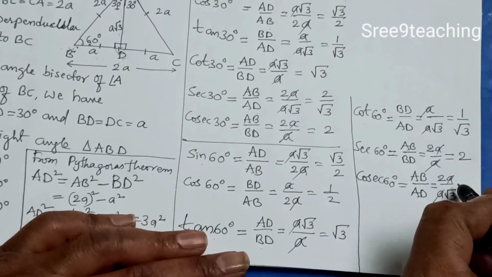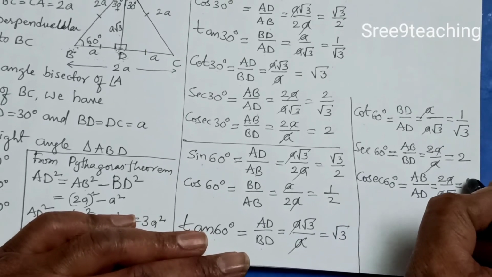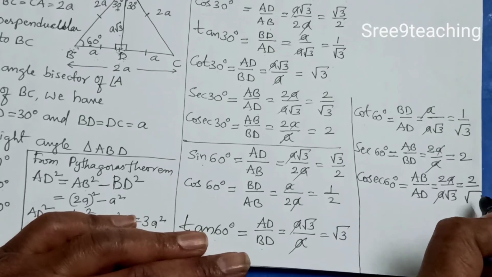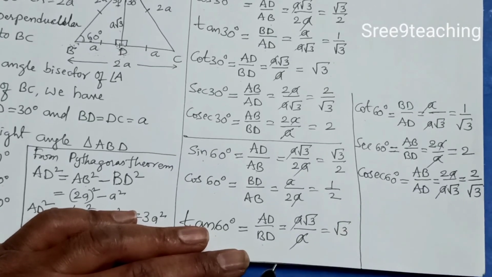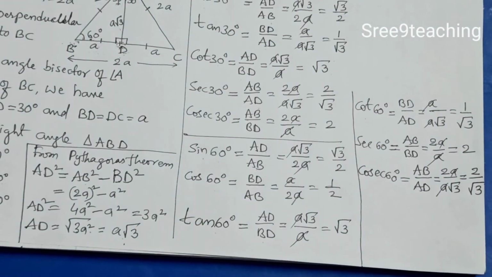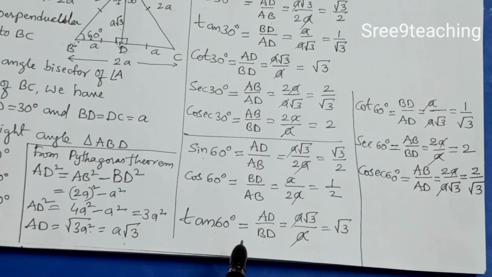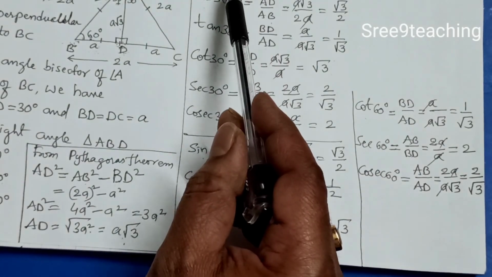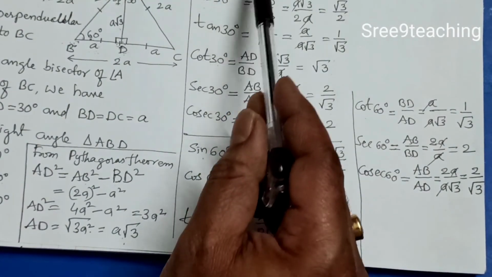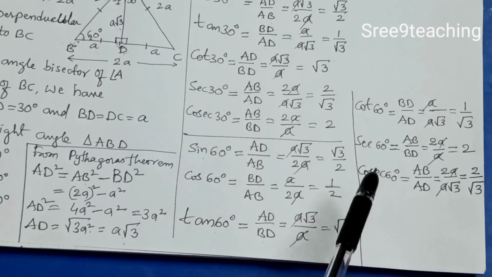So A gets cancelled, then we get 2 by root 3. So like this we find the values of trigonometric ratios of 30 degrees and 60 degrees. Then we will find the 0 degrees and 45 degrees in the next class.